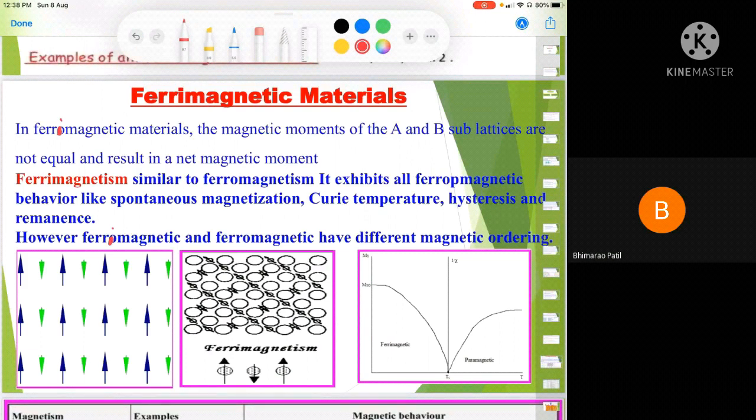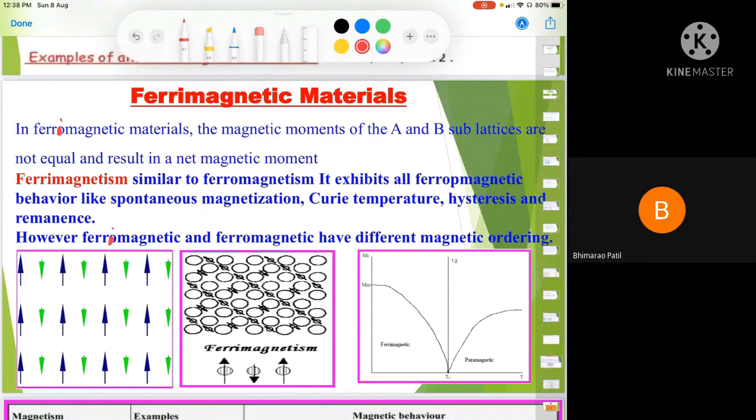Even though B has a smaller magnetism and A has a larger magnetism, they are opposite to each other, and therefore that substance shows a smaller net magnetism before applying the magnetic field.